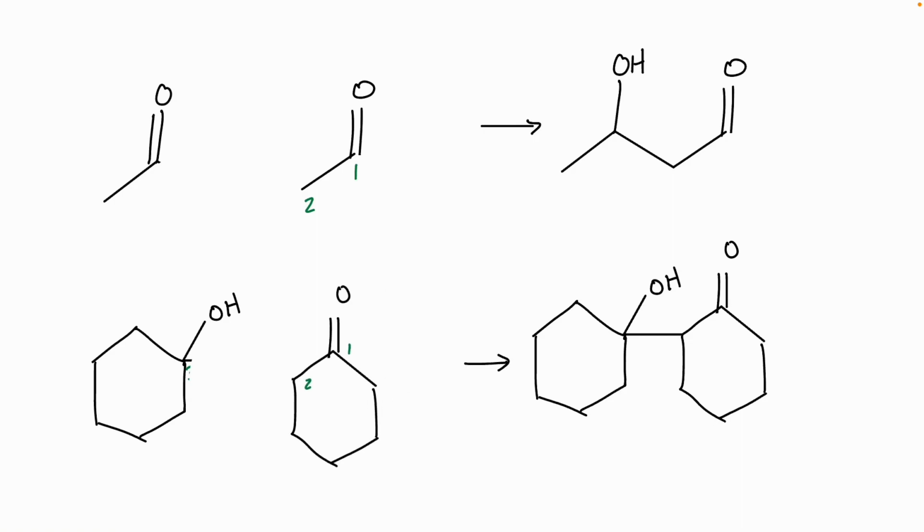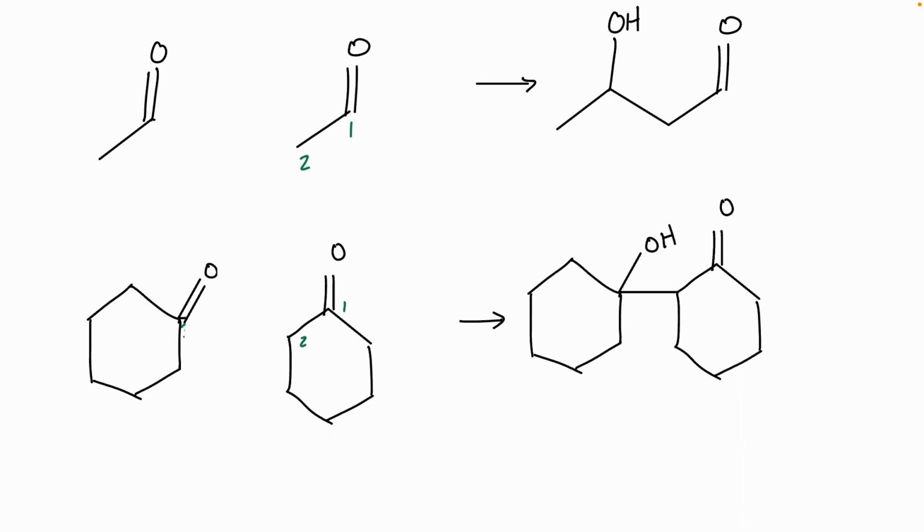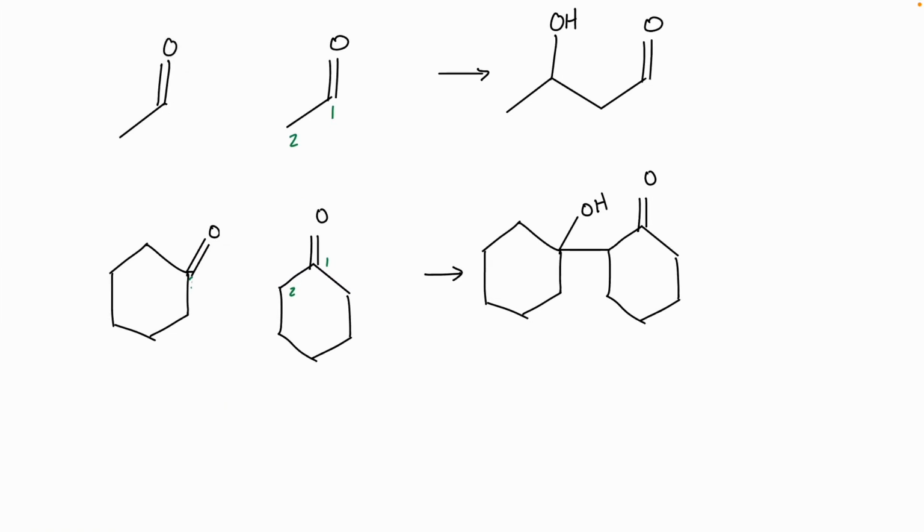But in my reactant side, this wasn't an alcohol group, but rather a carbonyl group. So I'm just going to draw that double bond, get rid of that oxygen. And in these cases, these were symmetric, so my two reactants were the same.